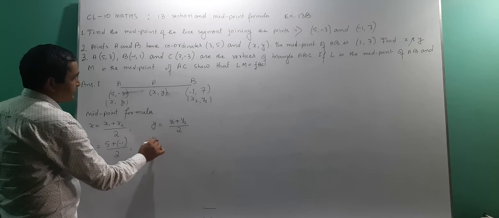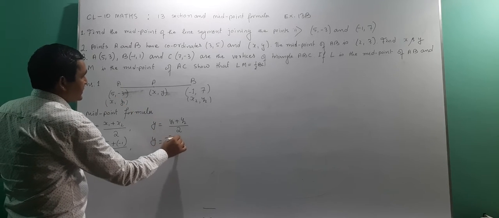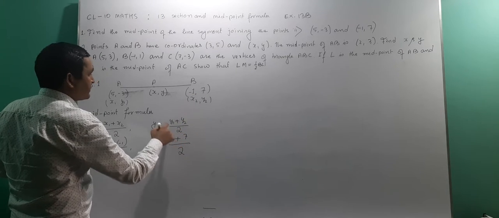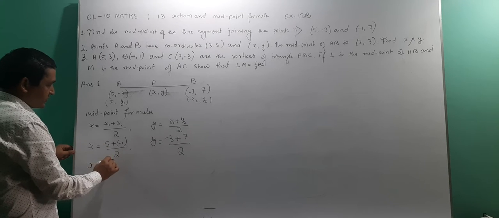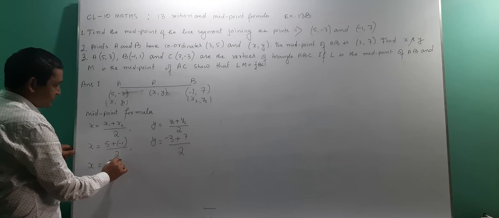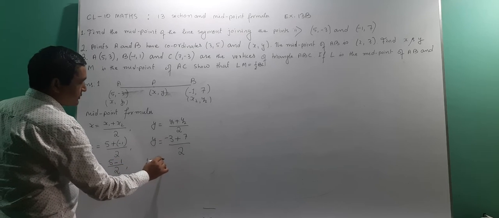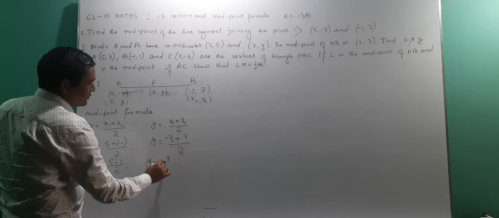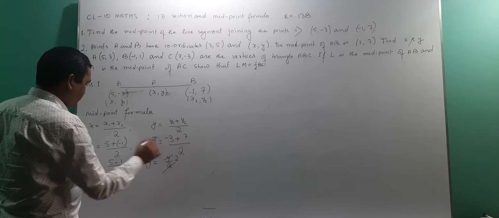Next, substitute the value of y1, which is minus 3, then plus 7 divided by 2, according to the formula. Then x equals 5 minus 1 divided by 2, y equals minus 3 plus 7, which means 4 divided by 2. You can cancel it. 2 ones are 2, 2 twos are 4.